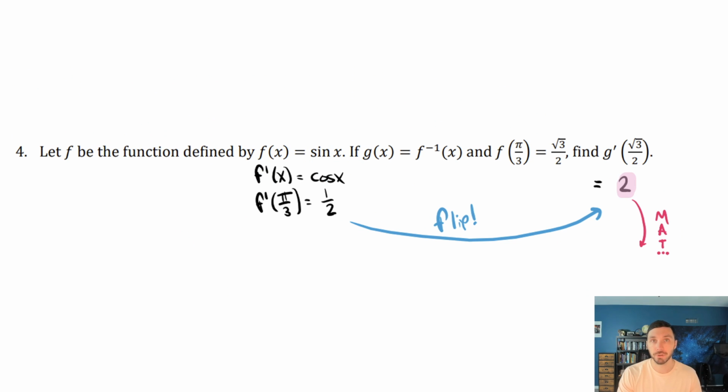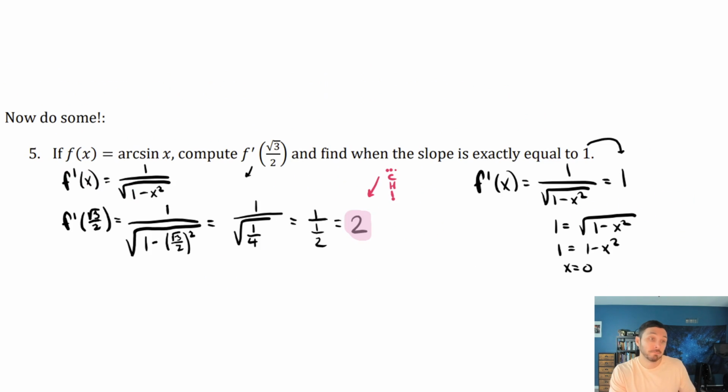So the idea of inverse derivatives works with the derivatives of inverse trig functions, which should make sense. All right, and then if I want to figure out when the slope of arcsine is equal to exactly 1, I'm setting this expression equal to 1. I suppose that happens at 0. I can verify that by graphing what arcsine of x looks like.